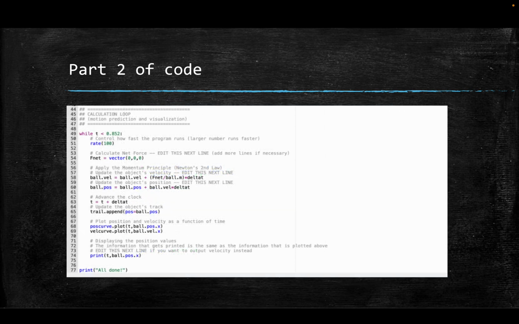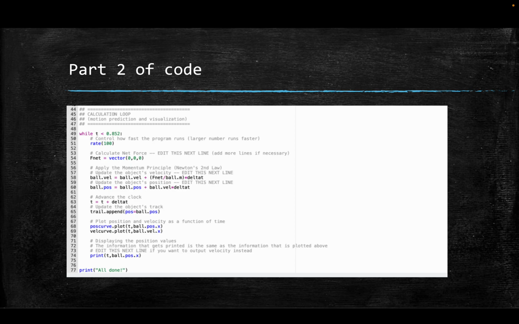And then also I put the while t is less than the final time, and then the F net vector you can change to all zeros because there's zero net force. And then I updated the velocity and position formulas to Newton's second law.